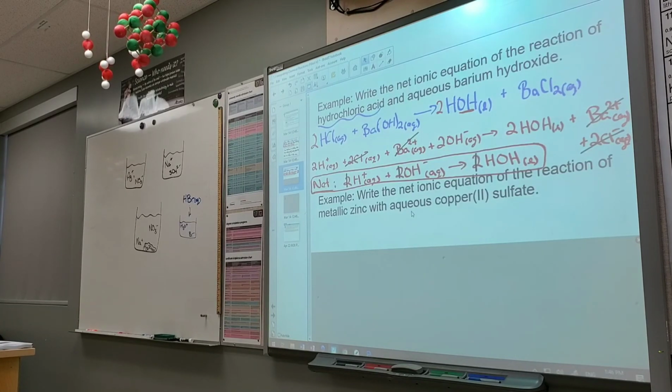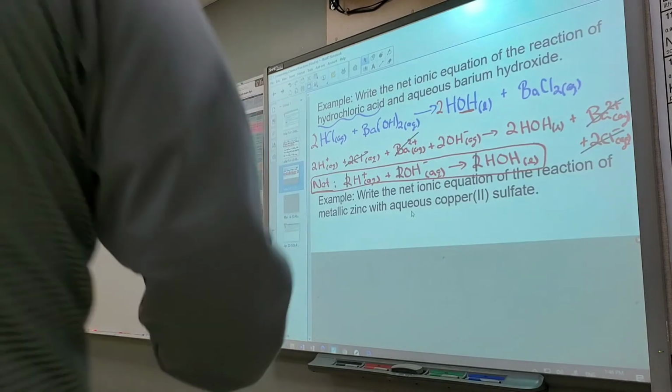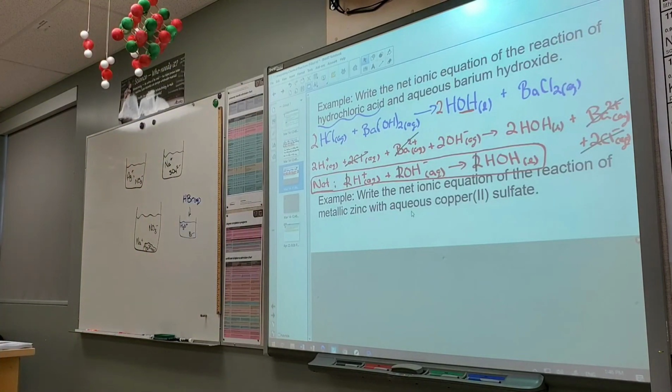And so if I take something zinc, watch what happens. Now the blue isn't going to disappear, but we're going to see a chemical reaction. When I dip this in here, is it different? Yes.